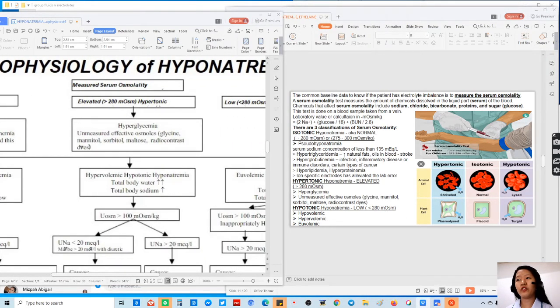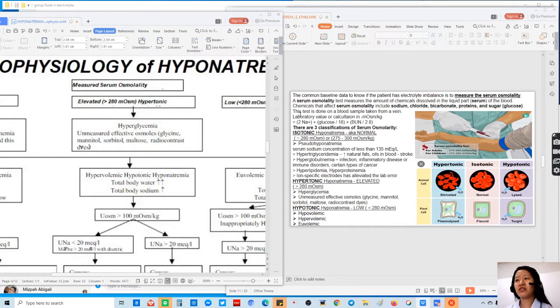baseline data to know if the patient has electrolyte imbalance is to measure the serum osmolality. A serum osmolality test measures the amount of chemicals dissolved in the liquid part, or serum, of the blood. Chemicals that affect serum osmolality include sodium, chloride, bicarbonate, proteins, and sugar or glucose.